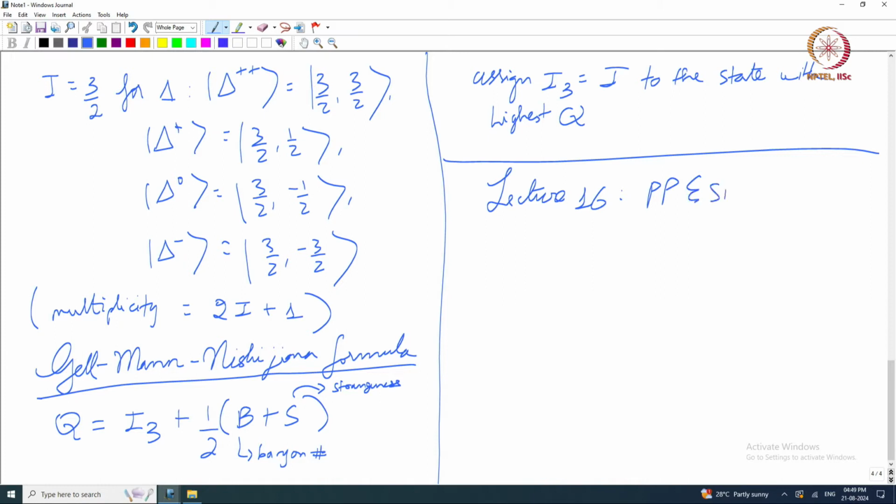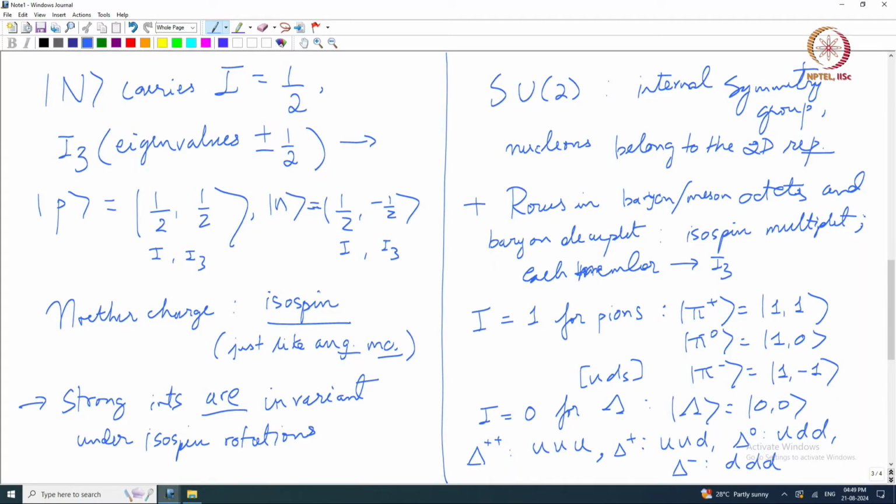As you can see here, last time we wrapped up with the concept of isospin, which is just like spin but acting on nucleon states, meson states and so on. Just like you had spin multiplets, you have isospin multiplets, and all the algebra of spin goes through here, including the internal symmetry group on which these states act.